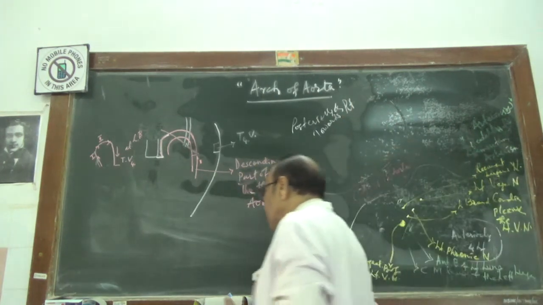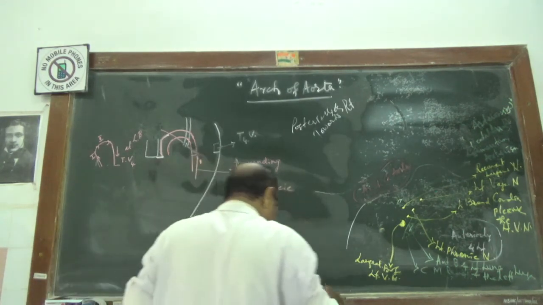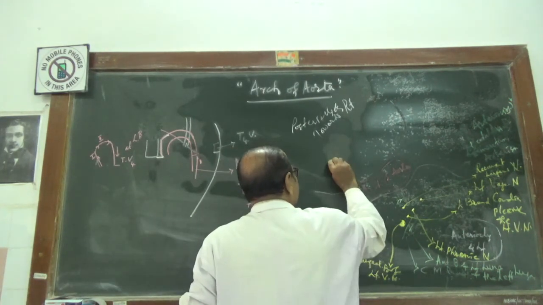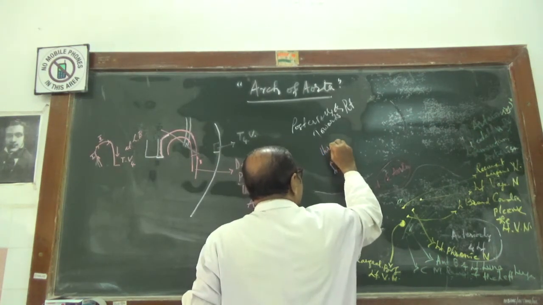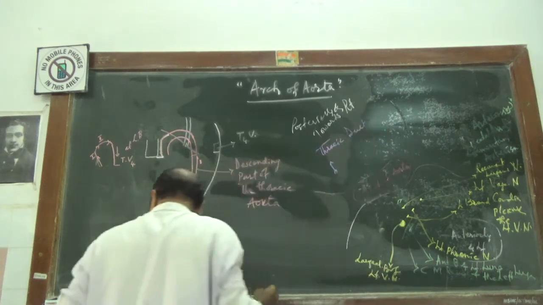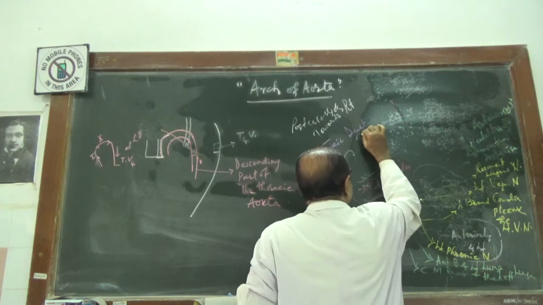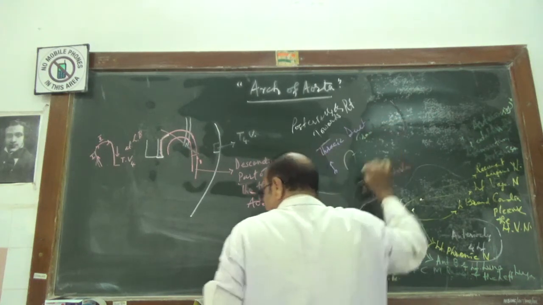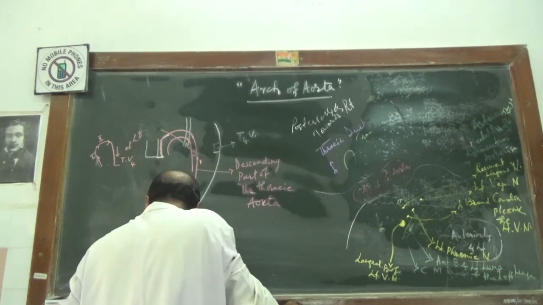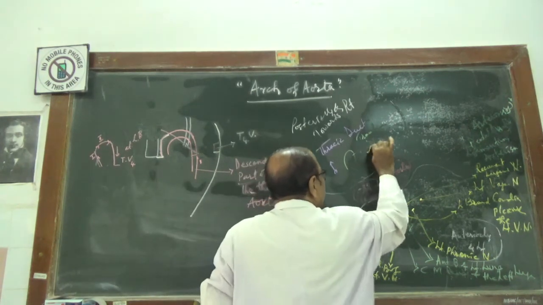Now here, the first and foremost thing you will get is the thoracic duct. This is the first. Then you will have the trachea. Then you will get the recurrent laryngeal nerve.